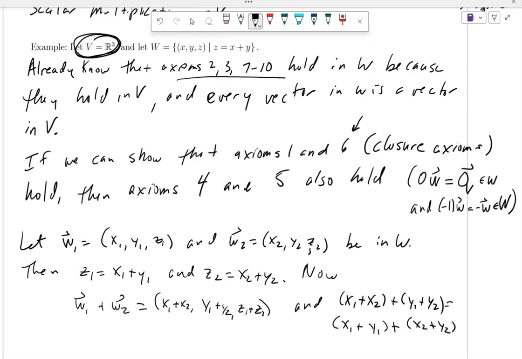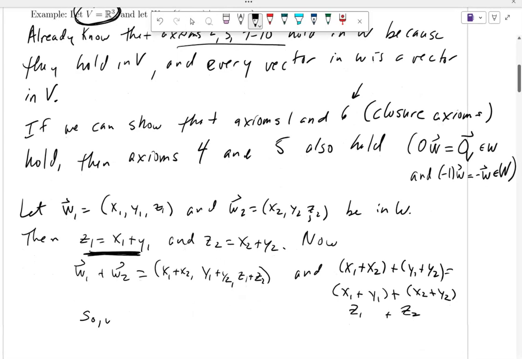I can do that. What's the first one equal to? The Z1, right? From this property right here. And what's the second one equal to? Z2. And isn't that what we wanted to show? Yeah. So W1 plus W2 is back in W. And W is closed under addition.